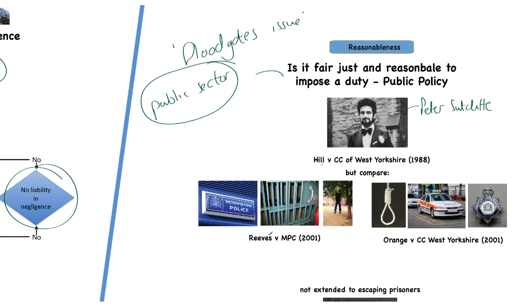In Reeves, the defendant, again the police, arrested a prisoner who was a known suicide risk, and he committed suicide whilst he was in their custody. The officers left open the hatch of the cell door, and he took the opportunity to tie his shirt to it and strangled himself. And the judge held that the duty of care had been breached.